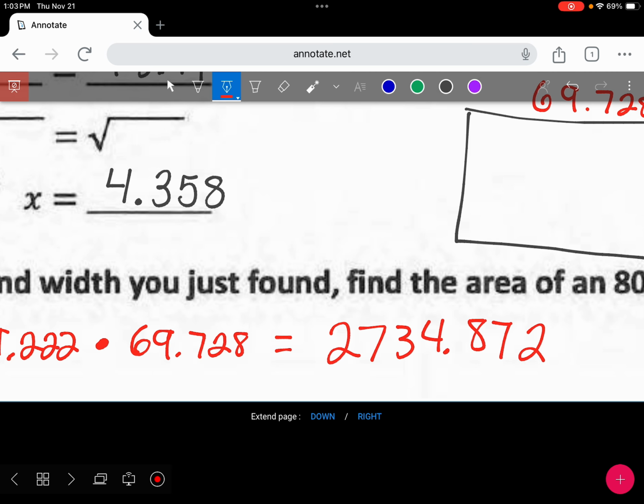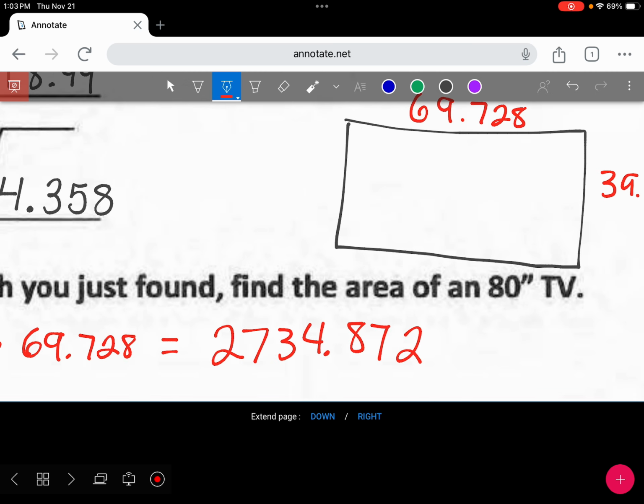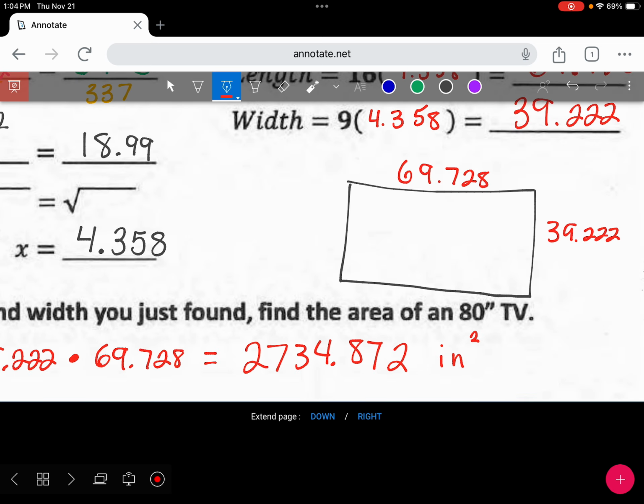What's our unit here? Inches squared, because it's an area. So an 80-inch TV is almost 3,000 square inches. It's 2,734.872 square inches. That's a big TV.